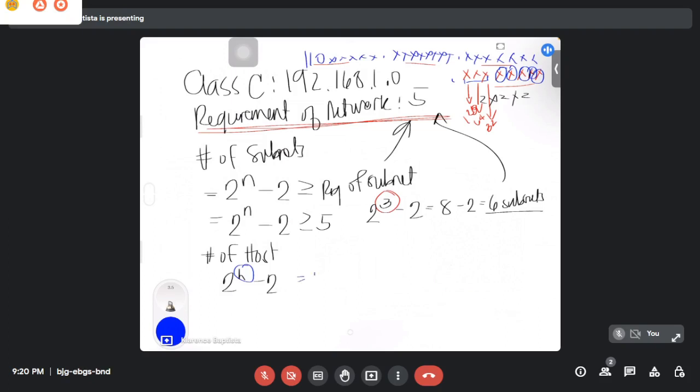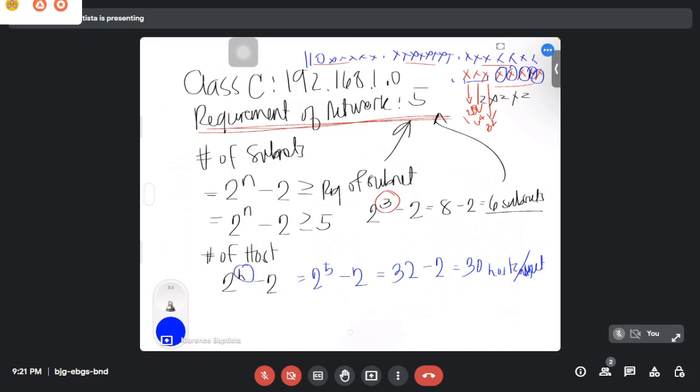So equals to 2 raised to 5 minus 2. Bakit po minus 2? It's for the network ID and the broadcast ID. Okay? So 2 raised to 5 is 32 minus 2 is 30 hosts per subnet. Okay? 30 hosts per subnet po ang available.